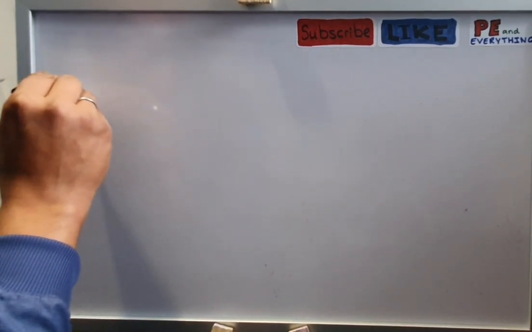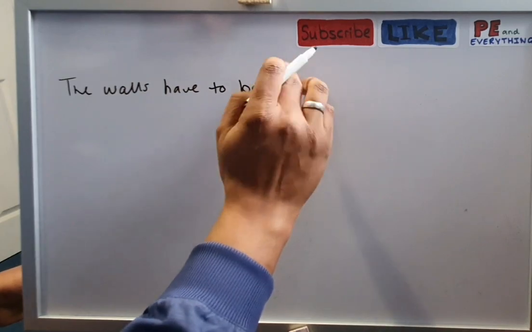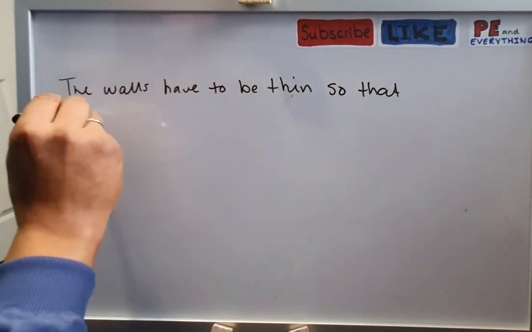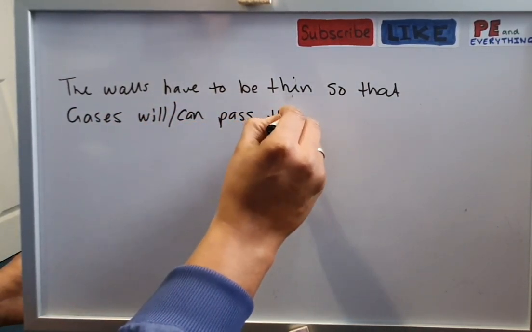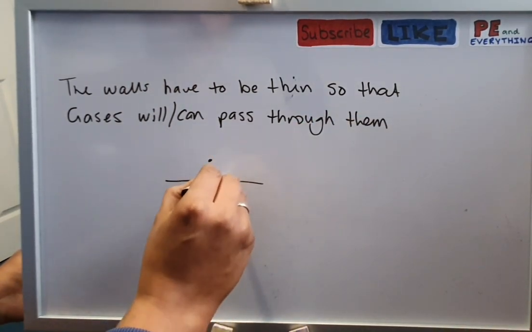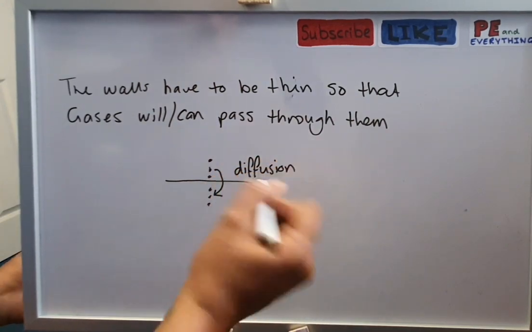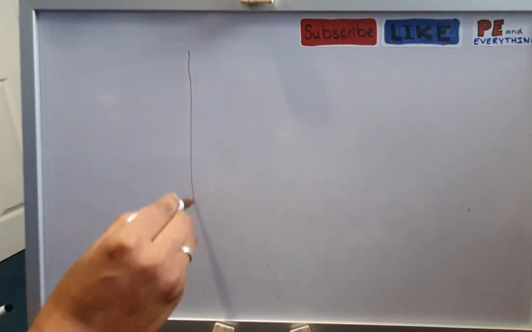Moving on, I'm just writing here, the walls have to be thin so that gases like oxygen and carbon dioxide can and will pass through them. So this is my cell wall, and when gas goes from one area to the other, diffusion.